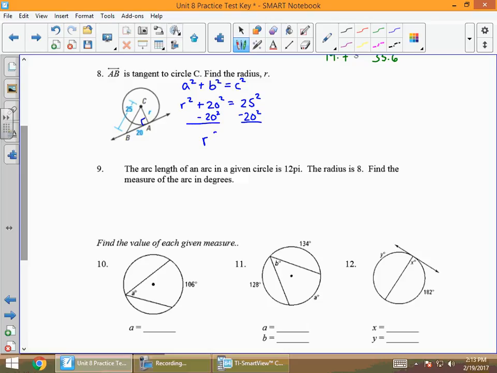So R squared is 25 squared minus 20 squared, which is 225. And then R would be the square root of 225, which is 15. So R must be 15.